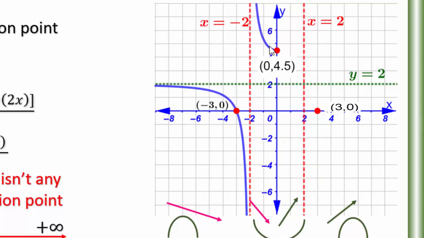And from 0 to 2, the function is increasing, but concave, like this. And from 2 to positive infinity the function is increasing and convex, like this. This is the graph of the function f of x.